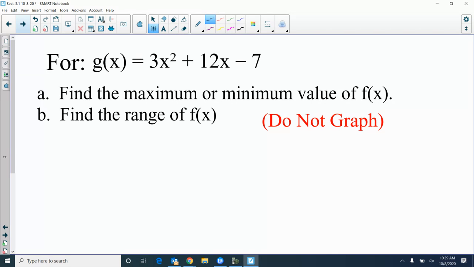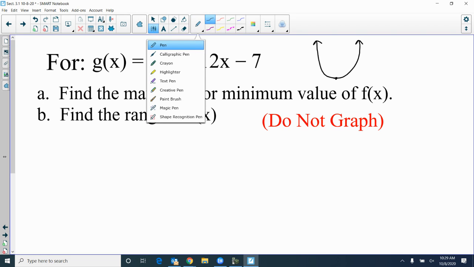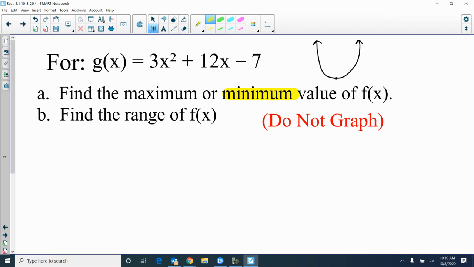Minimum, because it's going upwards, so the vertex would be at the bottom, so that would be the minimum. It's going to be a parabola that opens up, so it's got to have a minimum. If it opened down, it would have a maximum. The minimum or the maximum will occur at the vertex. So we got to find the vertex.